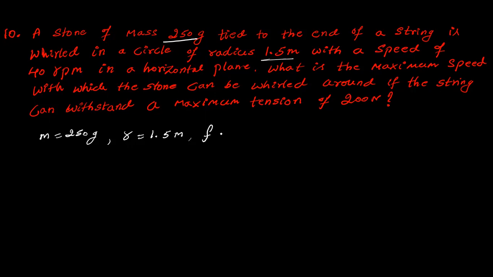That means it is a frequency given. 40 rotation per minute, RPM. So convert into rotation per second, 40 by 60 RPS. In a horizontal plane, what is the maximum speed with which the stone can be wheeled around, if the string can withstand a maximum tension of 200 Newton?